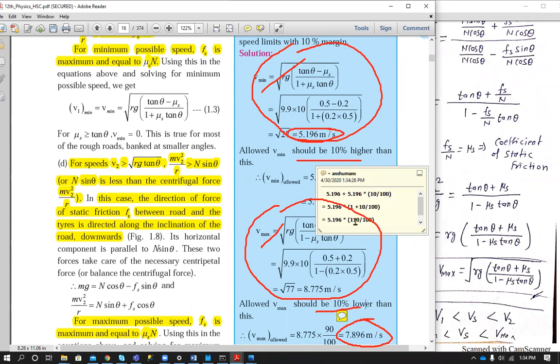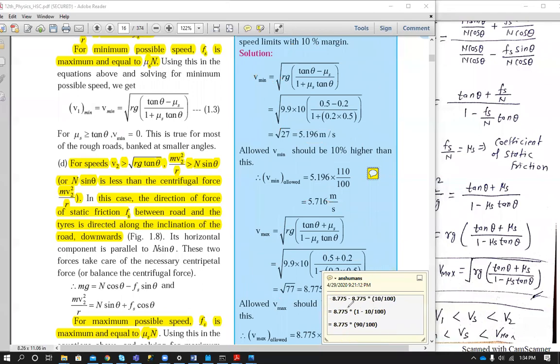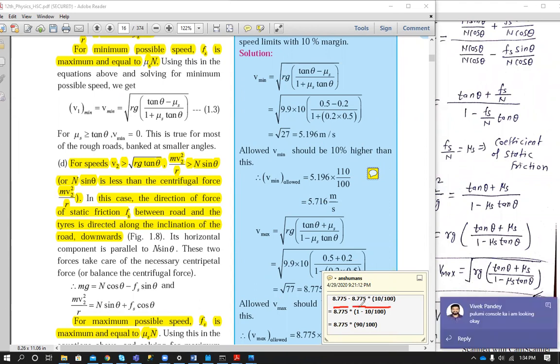So in the end you will get 120 by 100, and for the maximum you minus 20% of 8.775, so multiply 8.775 into 20 by 100, or just take it common: 1 minus 20 by 100, you will get 80 by 100.